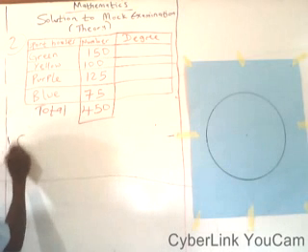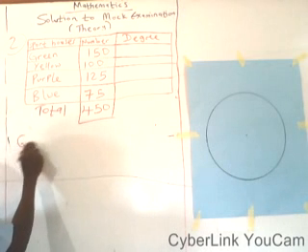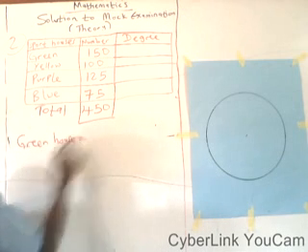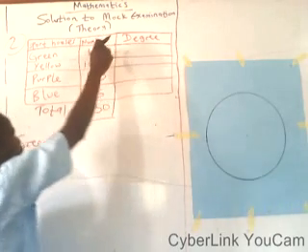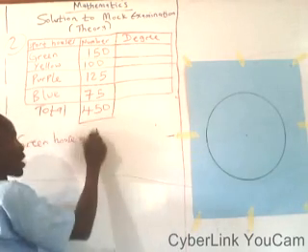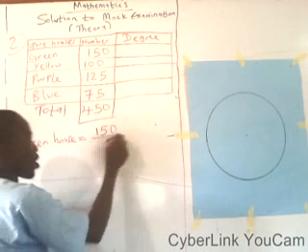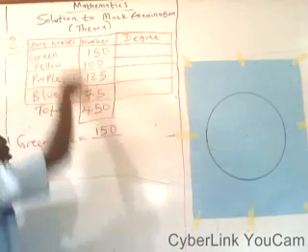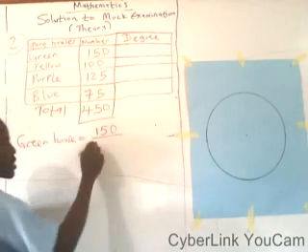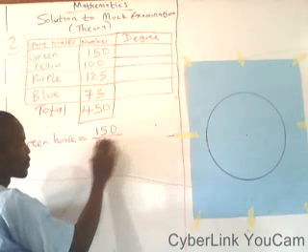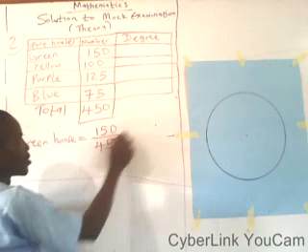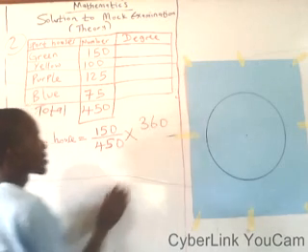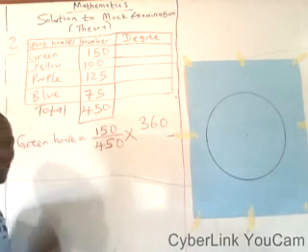For greenhouse, the number of students in greenhouse, which is 150, all over the total number of students in all the 4 houses, which is 450. Multiply it by 360, which is the sum of angle at a point.